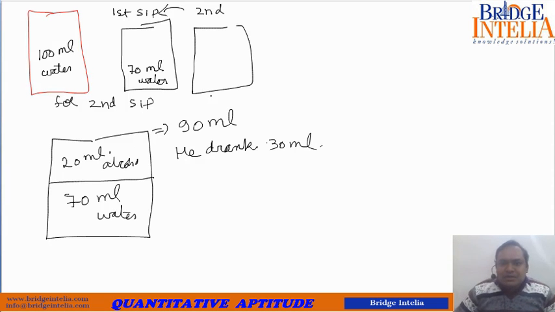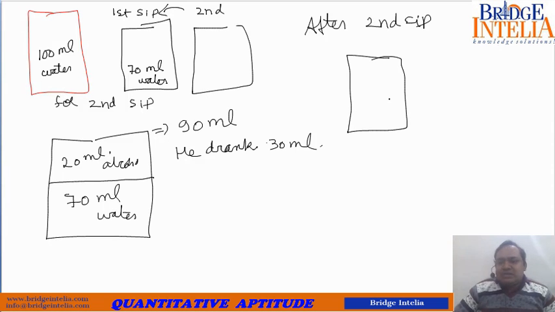Fine. So if you look carefully, after the second sip, how does the glass look? The volume of the glass is 90 minus 30, so 60 ml, and this is not pure alcohol or pure water, because now a mixture has been formed.